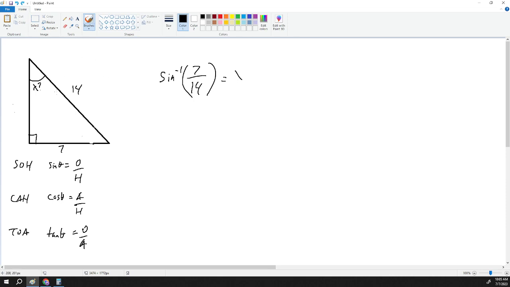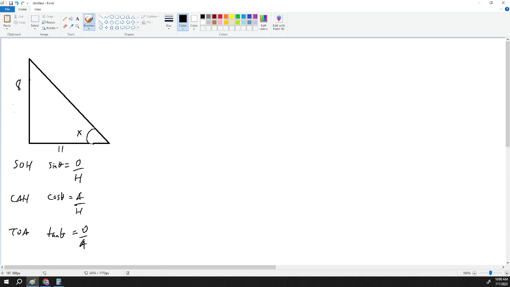Okay? Paano kung, let's erase this. What if ito naman yung hanapin natin. This is my angle x. Given I have an 8 here and an 11 here.